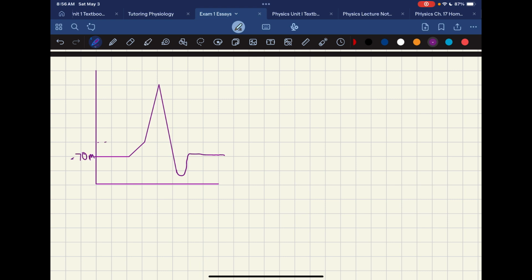And now what's going to be fun is we're going to add the threshold here, which is typically negative 55 millivolts in neurons. So the action potential is the rapid change in the membrane potential, followed by a rapid return to the resting potential. Rapid depolarization, then a repolarization. So this is our depolarization. This is our repolarization.